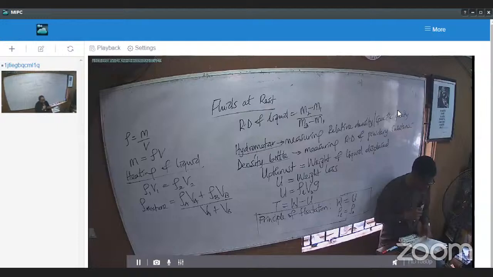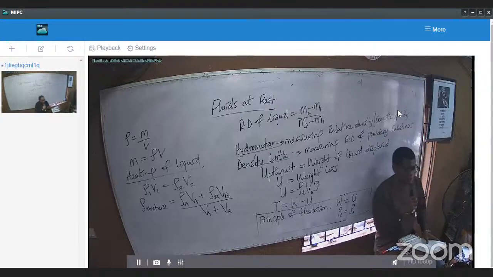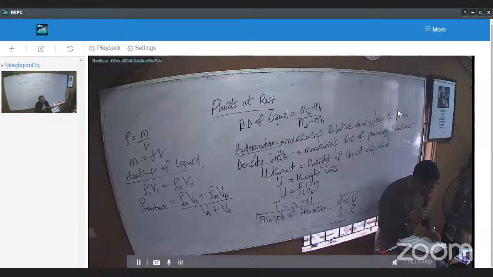Full stop. Calculate the density of the iron.